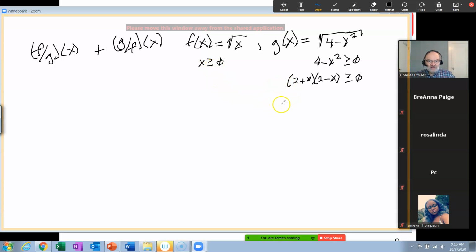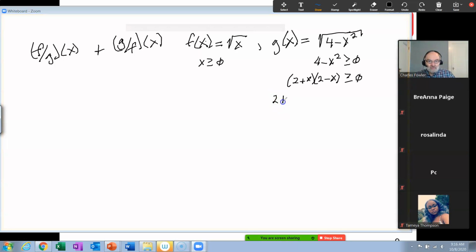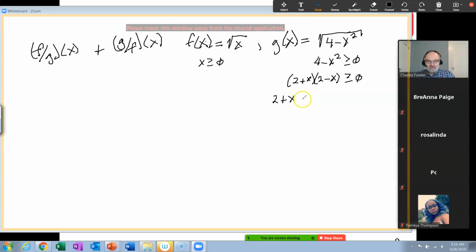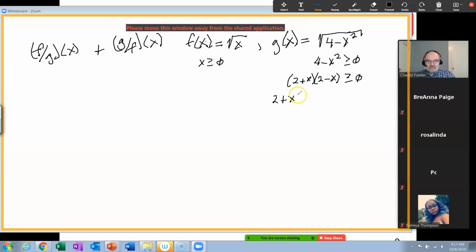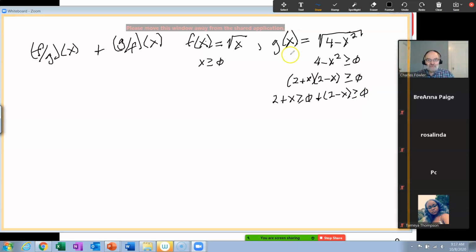So what we have to say is 2 plus x is either greater than or less than? I don't care. Let's do greater than. Greater than or equal to 0, and at the same time 2 minus x has to be greater than or equal to 0. They both either got to be positive or they both got to be negative for this to be true.